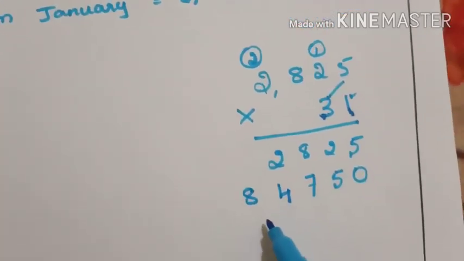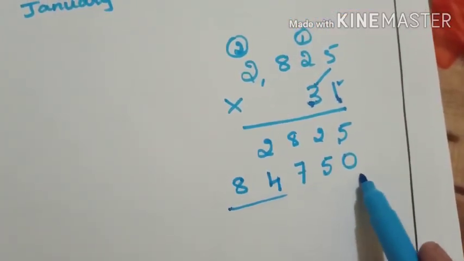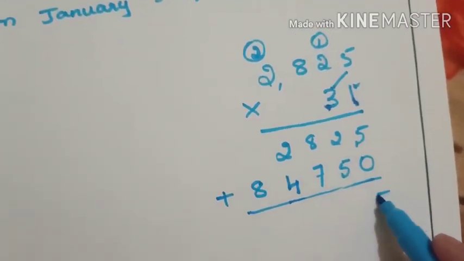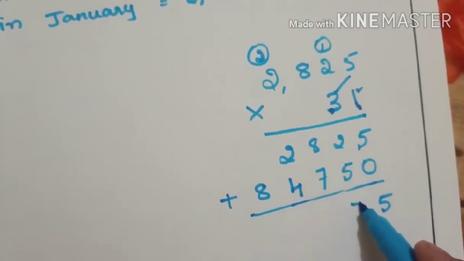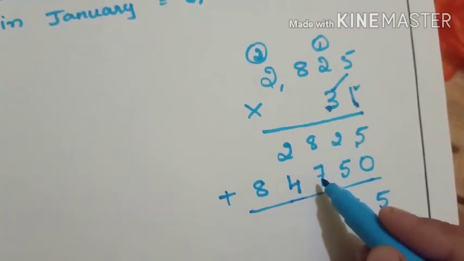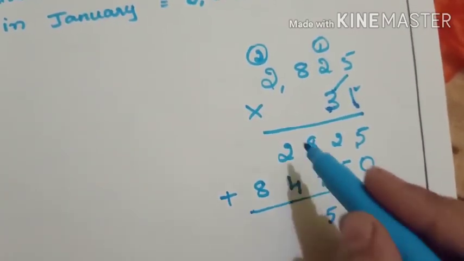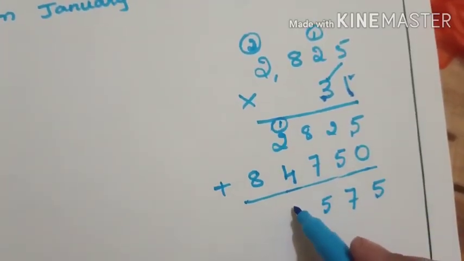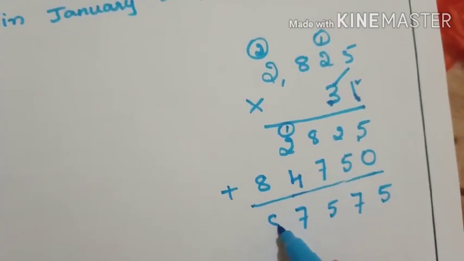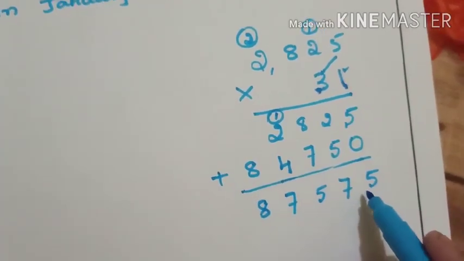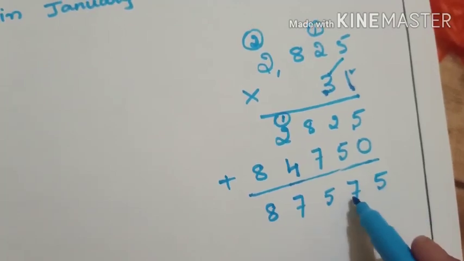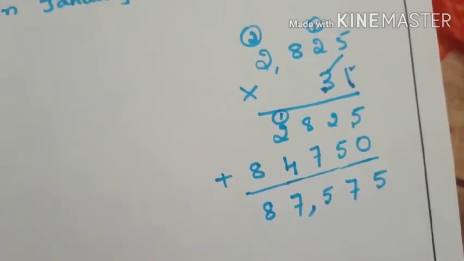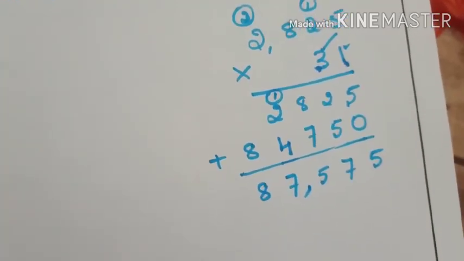Now whatever the answer you got by multiplying, you should add both of them. 5 plus 0 is 5, 2 plus 5 is 7, 8 plus 7 is 15, 1 carry, 1 plus 2 is 3, 3 plus 4 is 7, and then 8. Okay, let us place the commas, 1 2 3 comma. Right, the answer is 87,575.